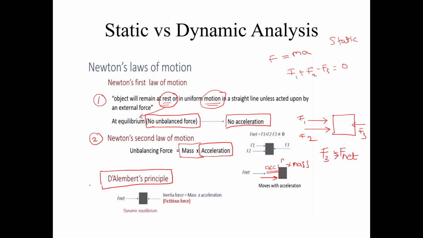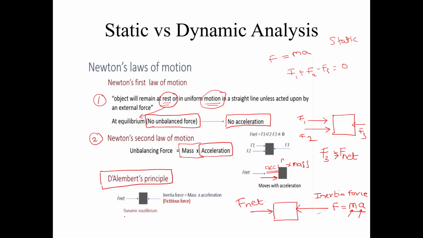What the D'Alembert principle says is, if your object is experiencing a net force, then you have to apply one fictitious force, one imaginary force, one pseudo force. He called that force an inertia force, and that force must be equal to mass times acceleration, the mass of the object times its acceleration.